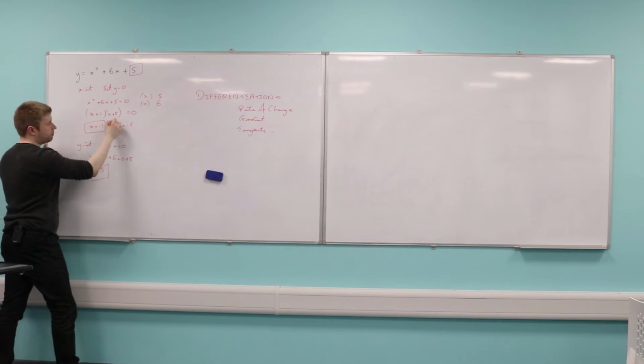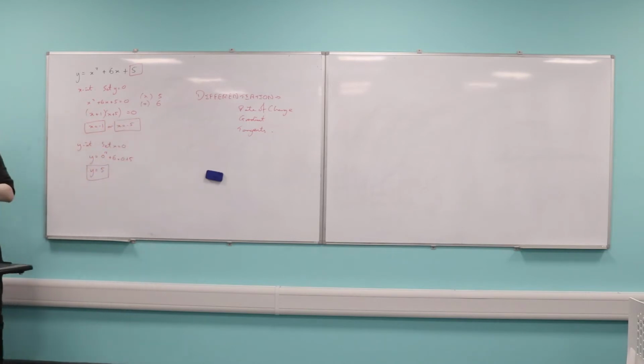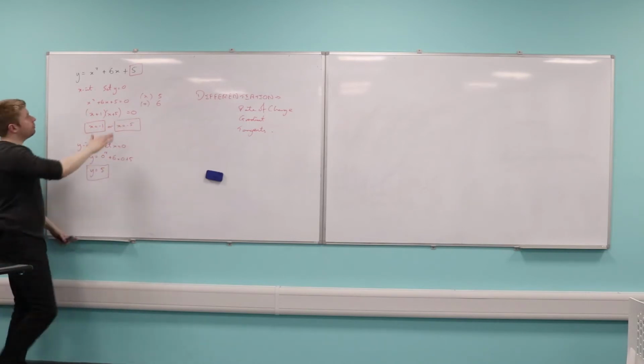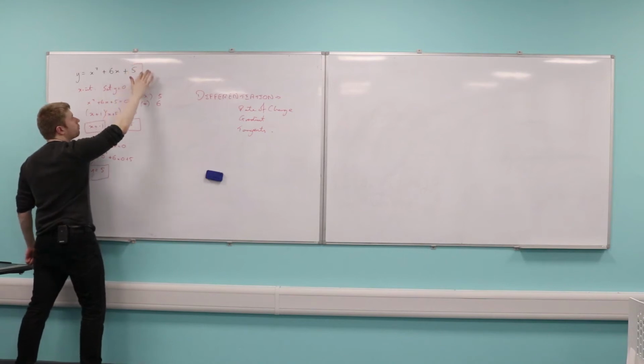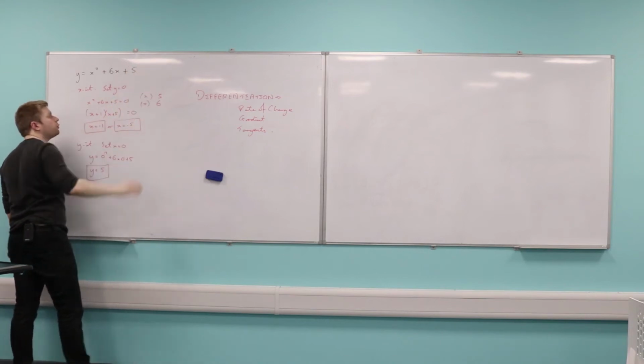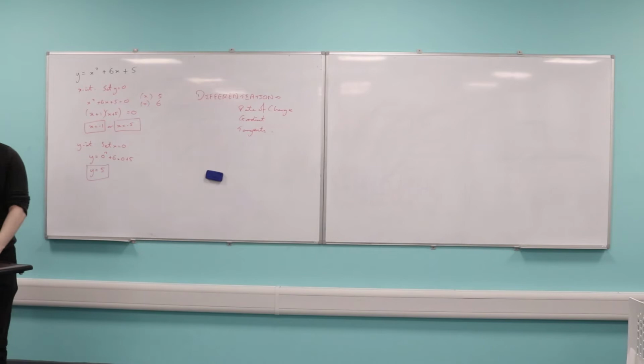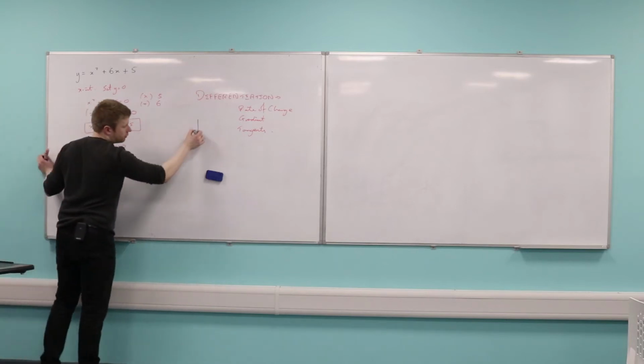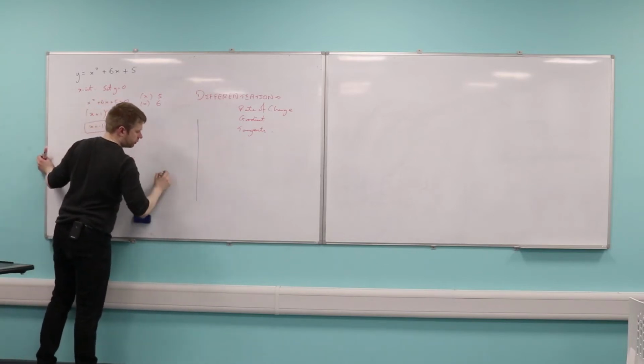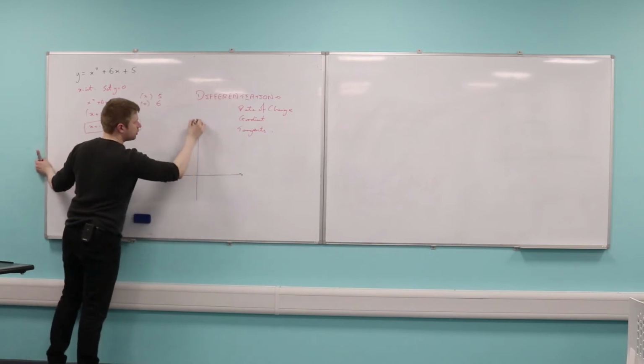Okay. Are we all happy with that? That should just be revision. Yeah, all happy with that? How would we sketch this thing then? Easy. Okay, so we start with the 2 lines. Little lines. Good, so these are our axes.